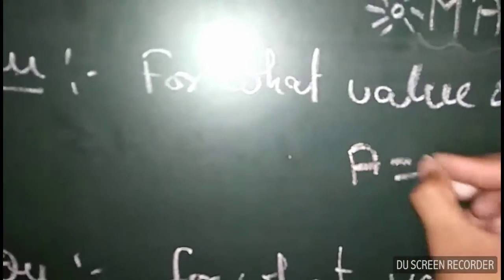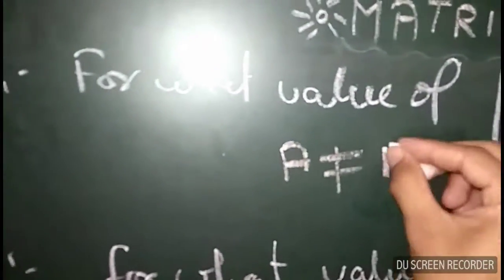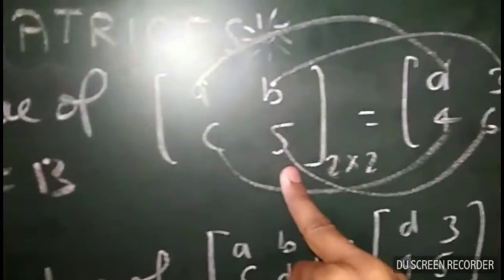Then we say that here matrix A is not equal to matrix B, because the corresponding elements 5 and 6 are not equal.